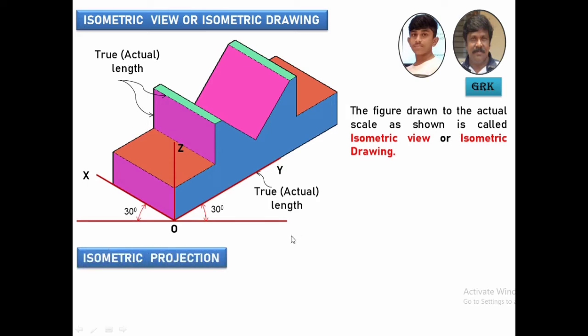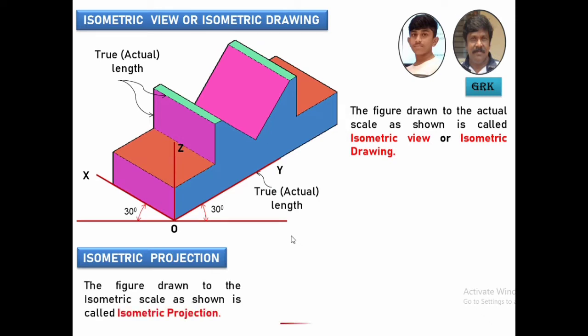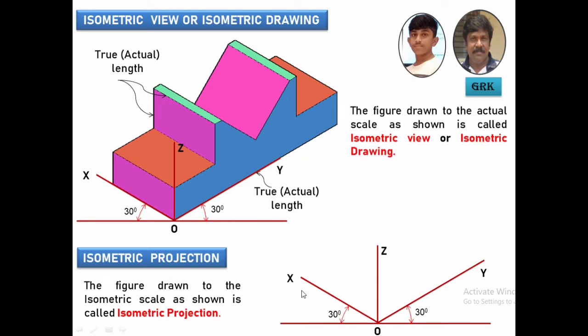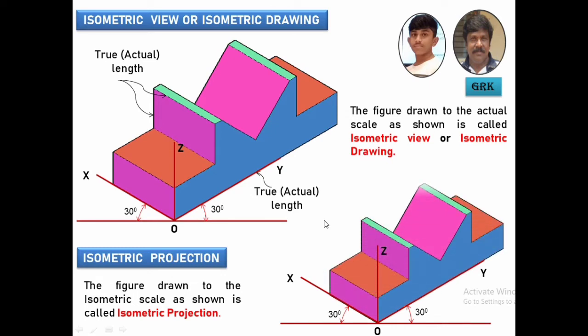Let us try to understand what is meant by isometric projection. Here also you're going to draw the isometric axes OX, OY, OZ. Any lines drawn parallel to these axes are called isometric lines. Now this is parallel to this 30-degree line, and these lines will be parallel to the 30-degree line, therefore we call them isometric lines.